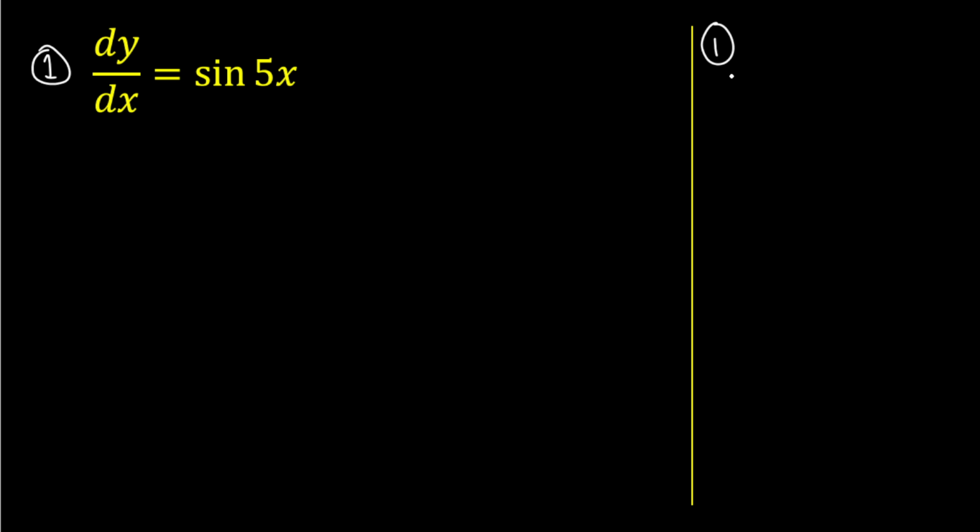And the first step that we need to do is to gather all the same variables on one side. So we will have the y variables on one side and the x variable on the other side.